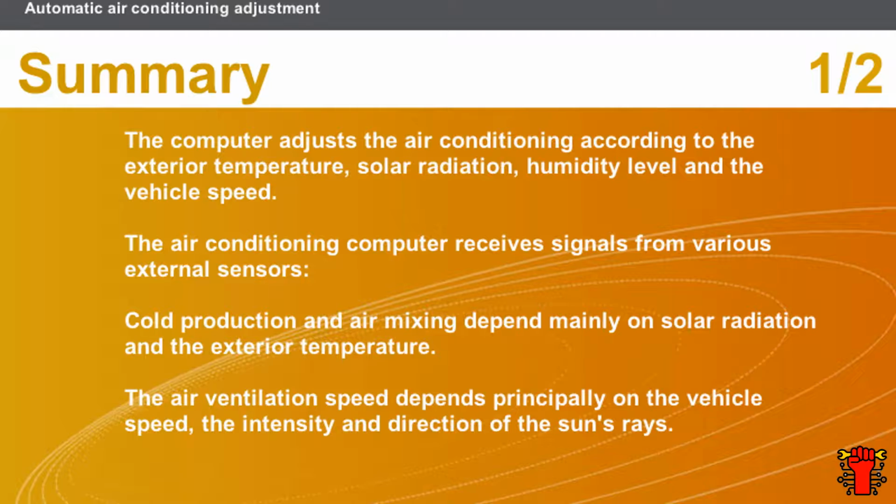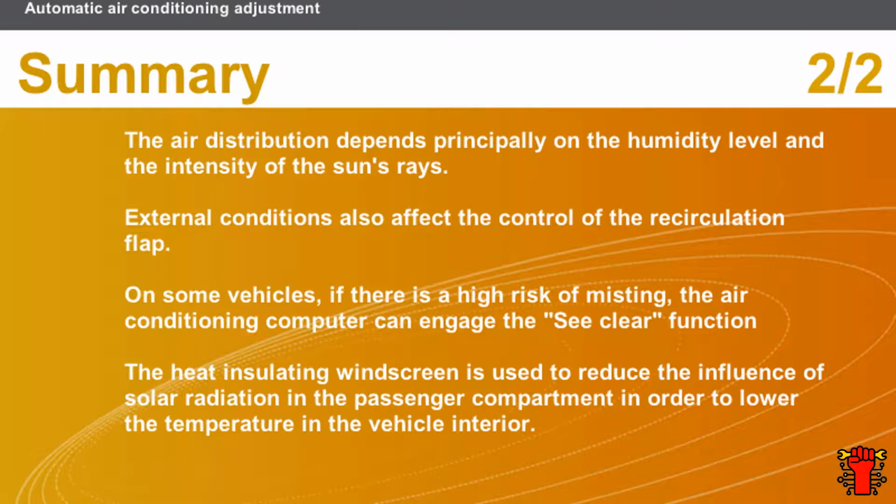The air ventilation speed depends principally on the vehicle speed and the intensity and direction of the sun's rays. The air distribution depends principally on the humidity level and the intensity of the sun's rays. External conditions also affect the control of the recirculation flap.